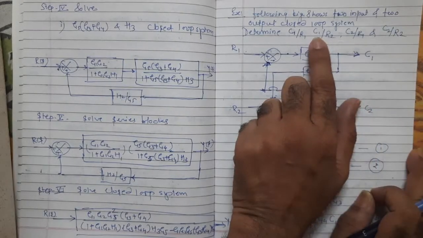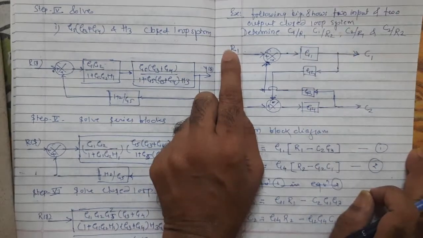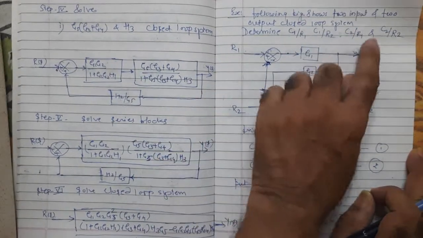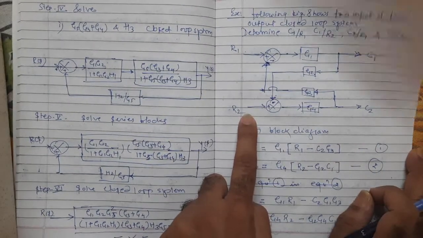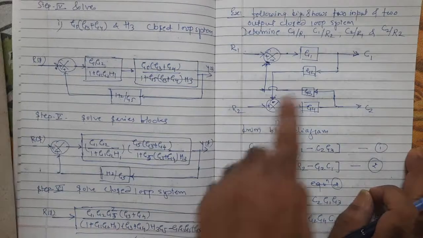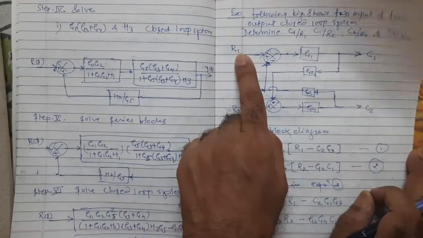When we are considering C1 and R2, that means our first input is 0. For C2 R1, we are assuming R2 becomes 0. And for C2 R2, our first input R1 becomes 0.